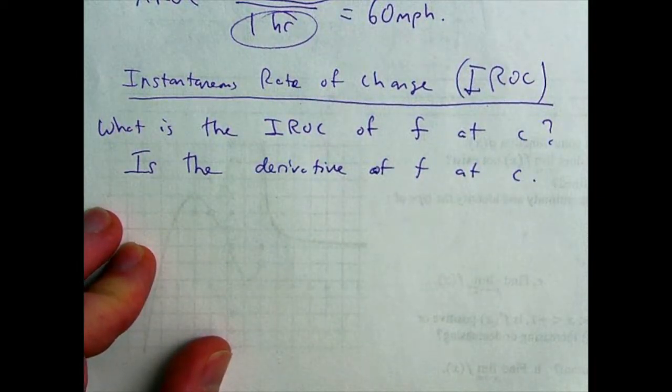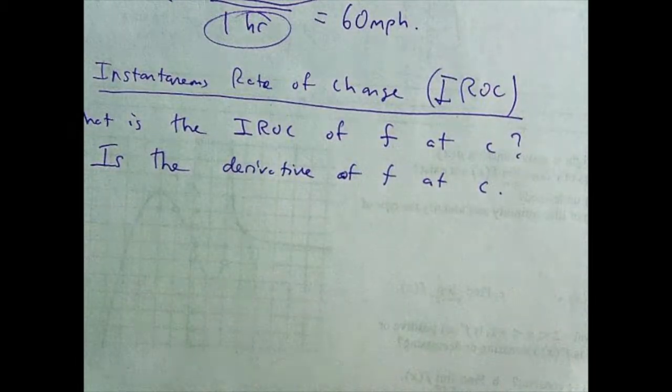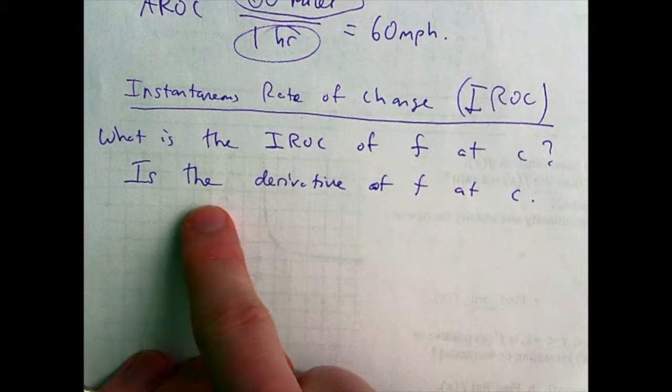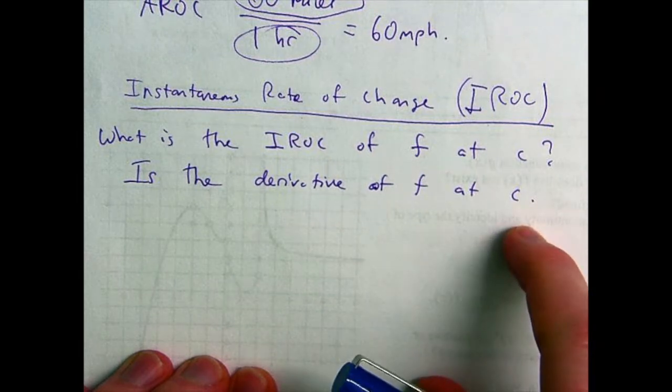So the instantaneous rate of change of a function at a point, not the average rate of change, not its total rise over total run over some interval, but rather the rate at which the function is changing at a single point, at a single instant, that is actually the derivative of f at c, okay?